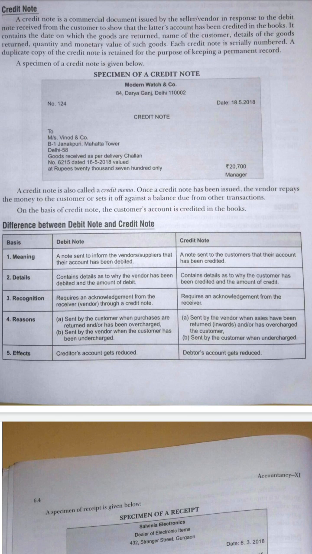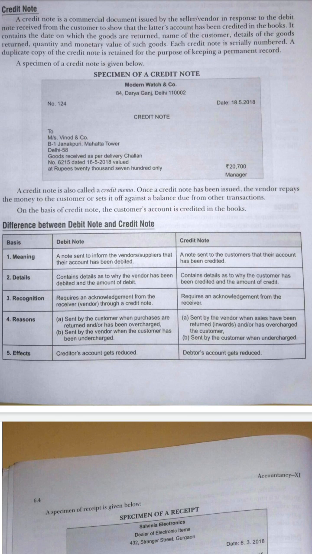So a debit note is prepared and sent by the customer to the supplier to announce that the account has been debited, and a credit note is sent by the supplier to the customer that their account has been credited. Details: it contains details as to why the vendor has been debited and the amount of debit, and why the customer has been credited and the amount of credit.